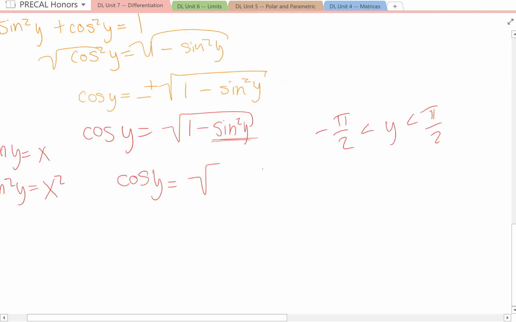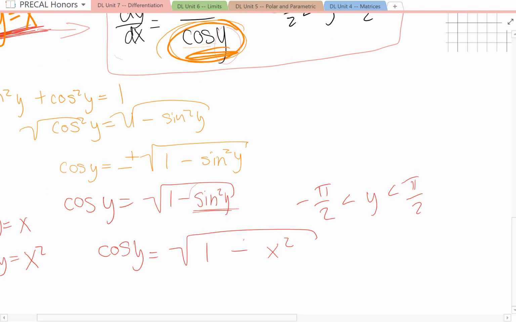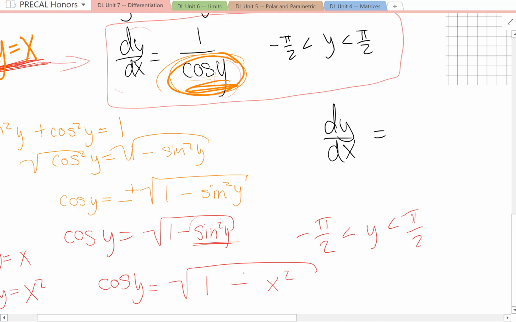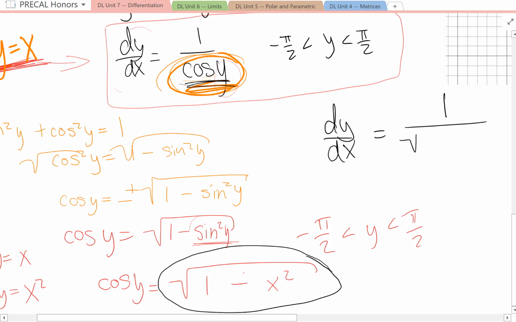Now we replace sine squared y with x squared to get an explicit differentiation. To write our derivative explicitly, meaning we need to have x's only in it, not y's, we would write 1 over, instead of cosine y, its equivalent expression, square root 1 minus x squared.